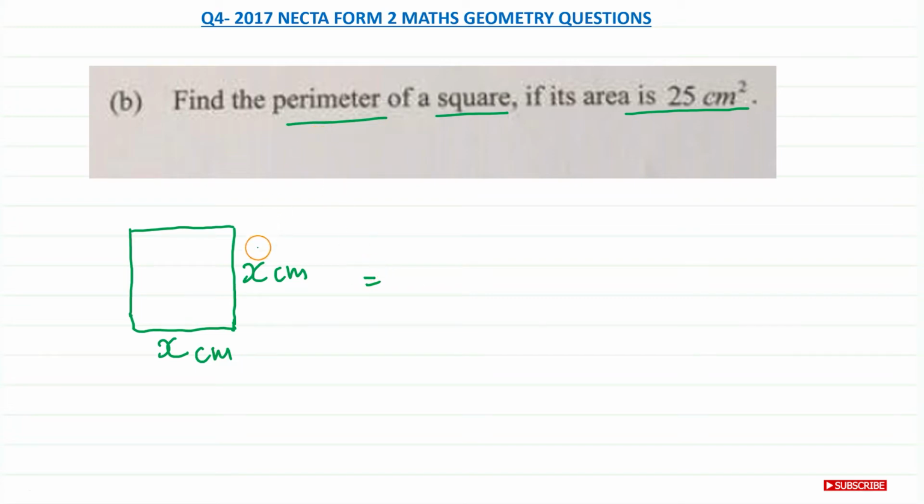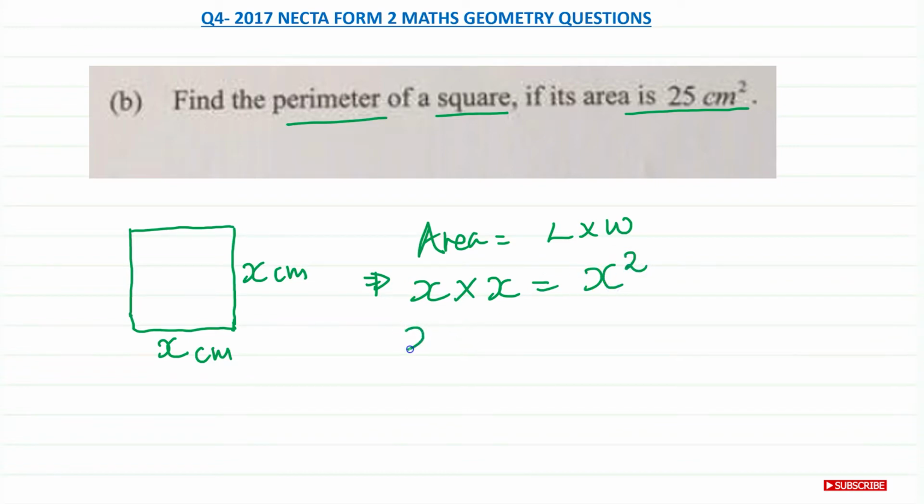Now because it's a square, we need to find a perimeter, which means we need to know the measurement, but we're given the area. So what we can do is find the area of the square. What is the area? Well, it's just length times width. Okay, so area of a square or rectangle is length times width, and they are both the same, so it's x times x, which is going to be x squared.